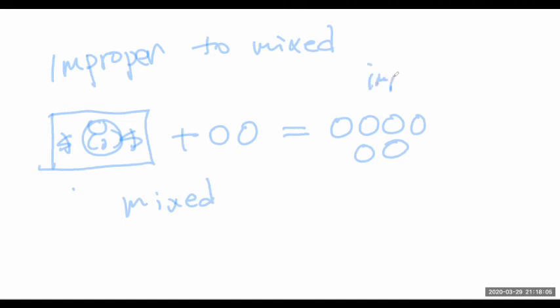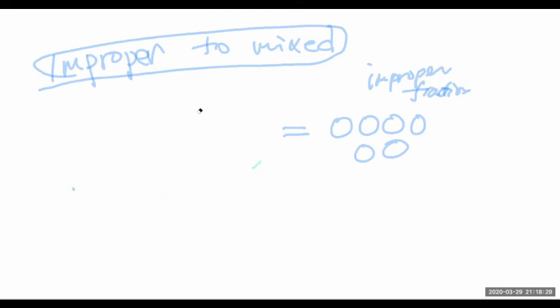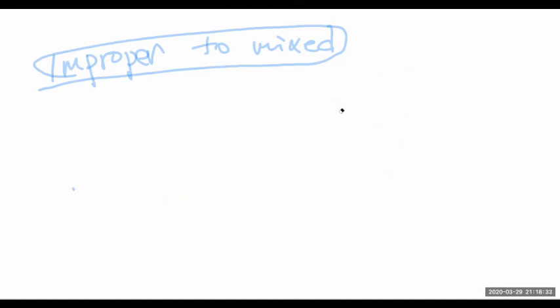This is the improper fraction. So now we're going to go backwards, from improper to mixed. Basically we are going from 6 quarters back to $1.50.